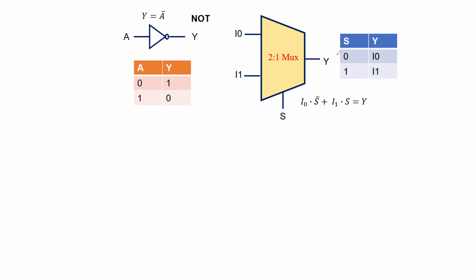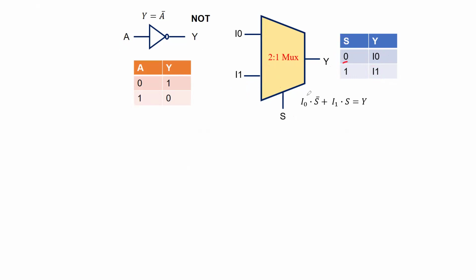So in the truth table, when S is equal to 0, input I0 gets connected to Y, and when S is equal to 1, input I1 gets connected to Y. So we have to put the values of I0 and I1 in such a way that the select input maps the input here with the logic NOT gate.